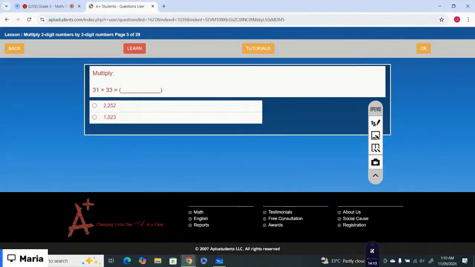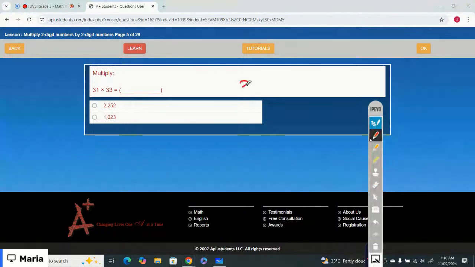The next one is 33 times 31. So let's just multiply. You have to do 31 times 33. That is 3 times 1 is 3, 3 times 3 is 9. Then you have to multiply the tens digit. So 3 times 1 is 3 and 3 times 3 is 9. Then you have to add, that is 3 plus 0 is 3, 9 plus 3 is 12, 2 and 1 carry, and 9 and 1 is 10.